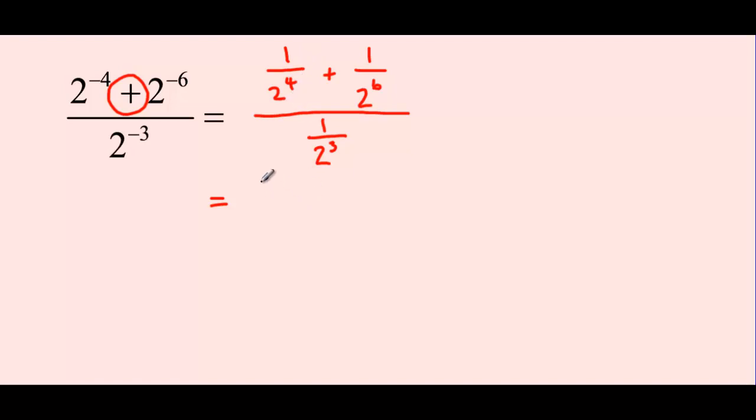2 to the exponent 4 is equal to 16, so we have 1/16. We're going to add on 1 over 2 to the exponent 6, which is 64, and then we'll divide by 1 over 2 cubed, which is 1/8.